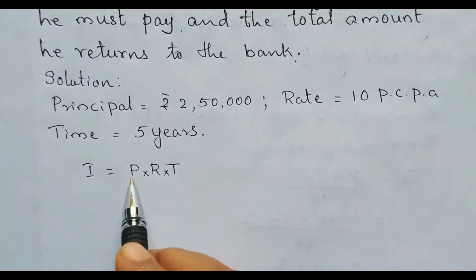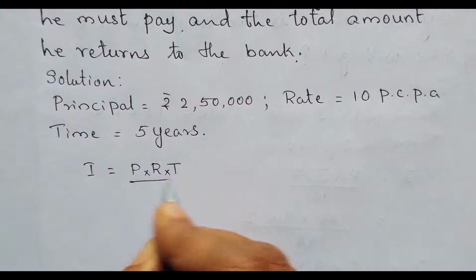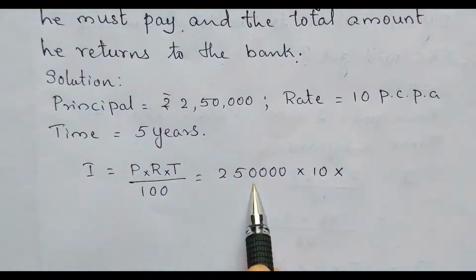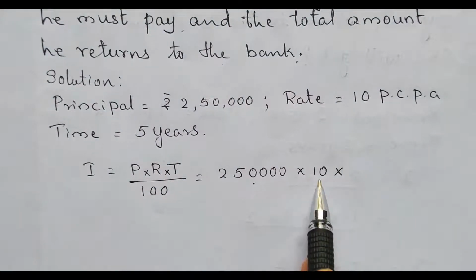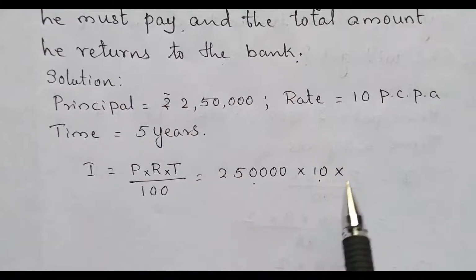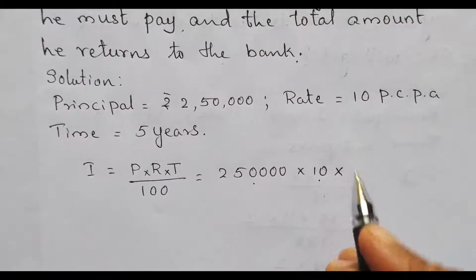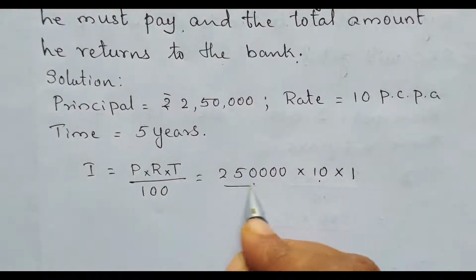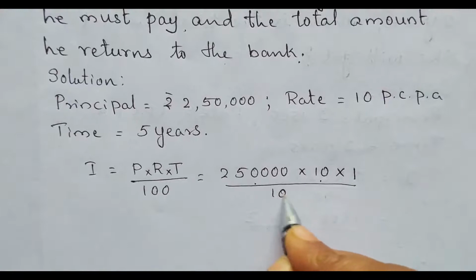I is equal to PRT upon 100. Substitute the values. Principal is 2,50,000. The rate of interest is 10. And the time is 1 year, because first we are going to calculate the yearly interest. So here the time is 1 year divided by 100.